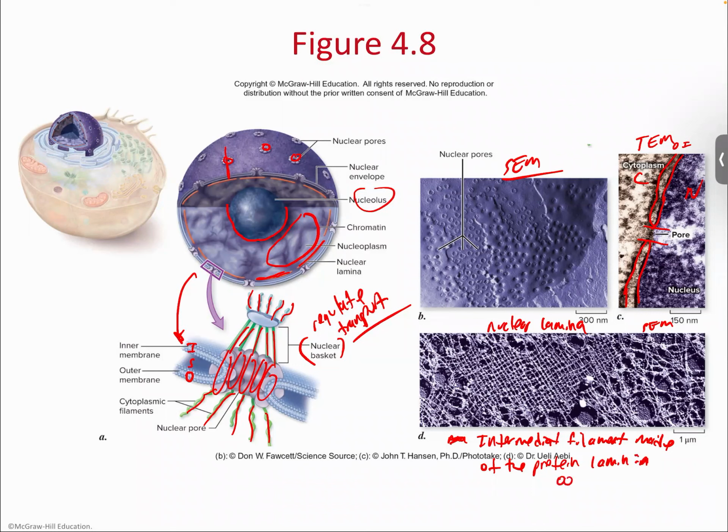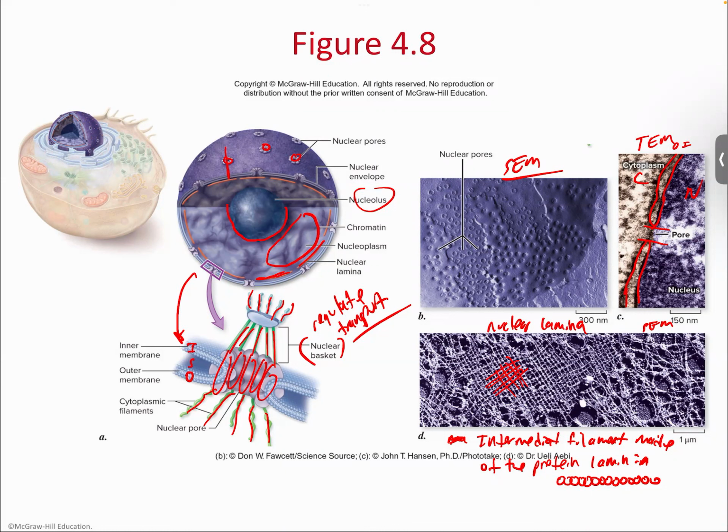So basically you have lots of laminin that kind of forms these little filamentous chains. And then those chains will crosshatch into this kind of gauze-like structure just underneath the inner membrane. So it's very similar in nature and structure to that gauze-like material when you do casting, and you dip the gauze-like material into the casting compound, and then it sets up hard when you wrap that around the individual's arm.